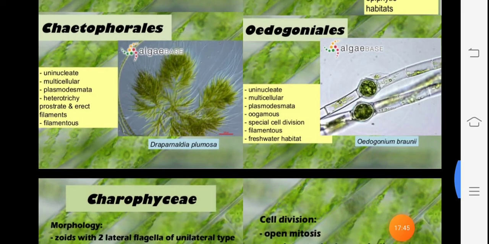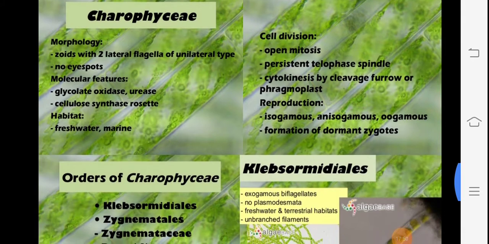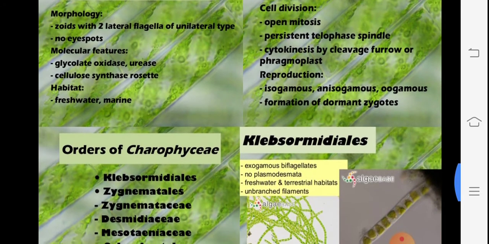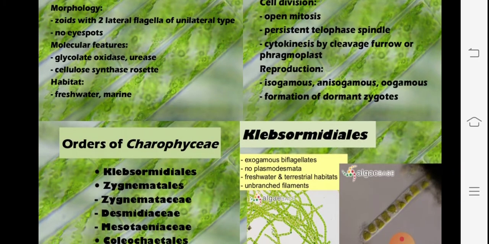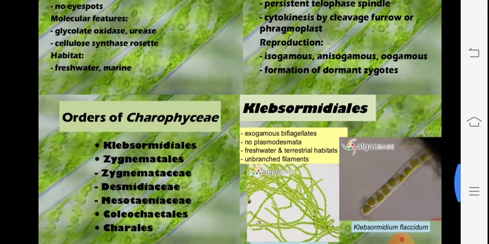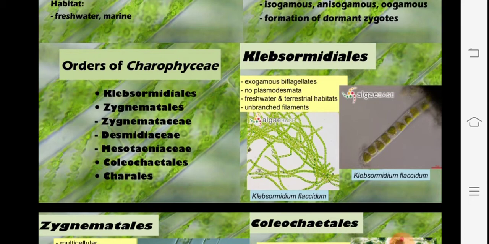Then secondly, as we know, there are the Charophyceae members. In Charophyceae, the different orders are Klebsormidiales, Zygnematales, Coleochaetales, Desmidiales. Klebsormidium is one genus in which it shows exogenous biflagellate gametes, no plasmodesmata, and it is freshwater or terrestrial.